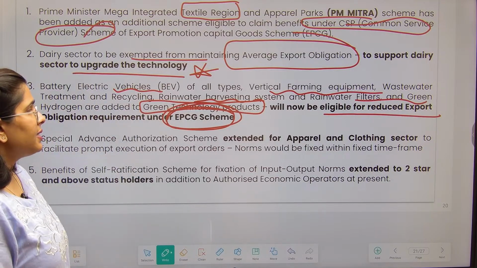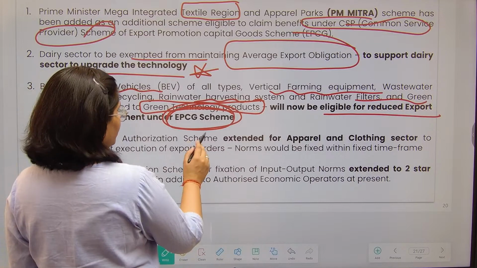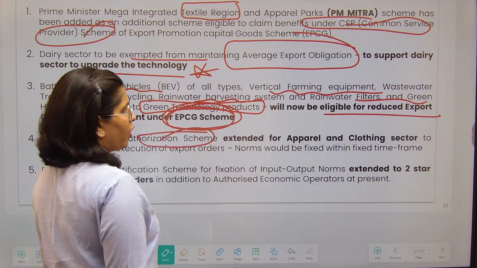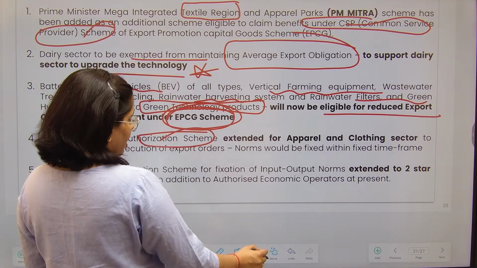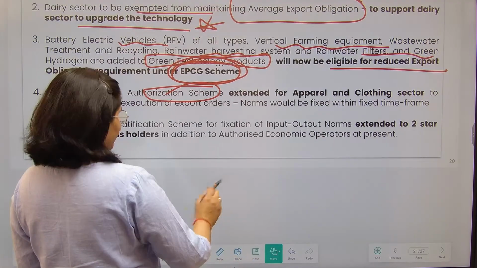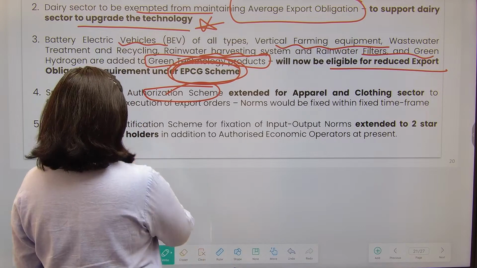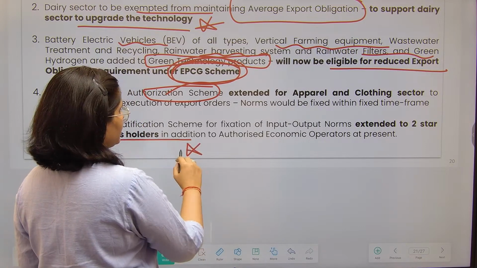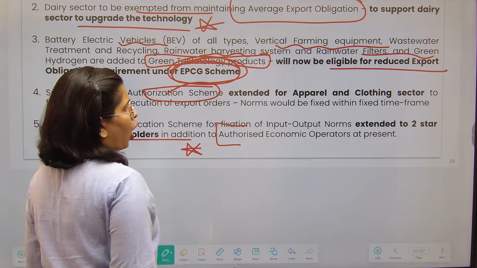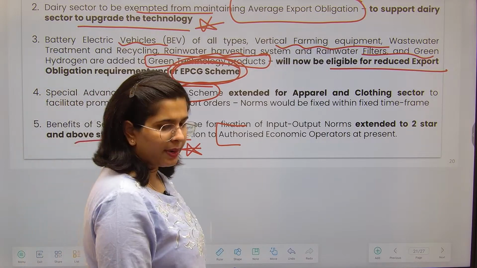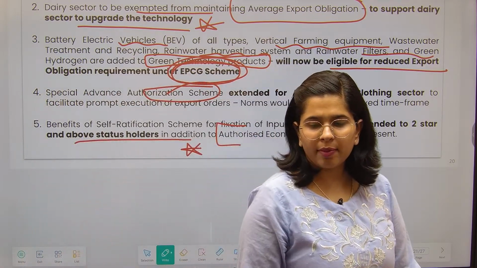Okay, the next is the special advance authorization scheme, which is also extended for the apparel and clothing sector. Next is the benefits of the self-ratification scheme for fixation of input-output norms, extended to 2-star and above status holders in addition to authorized economic operators at present. Who are authorized economic operators?